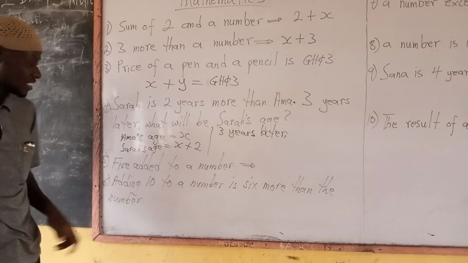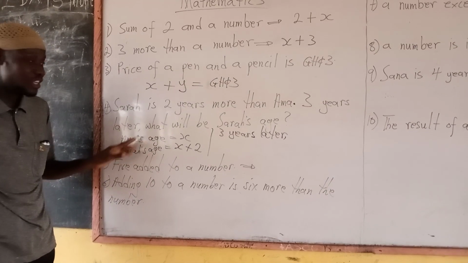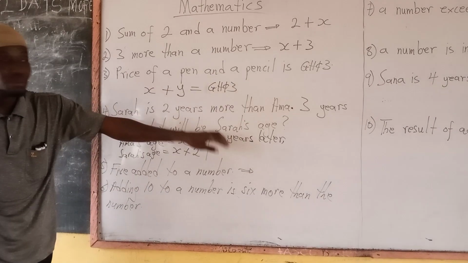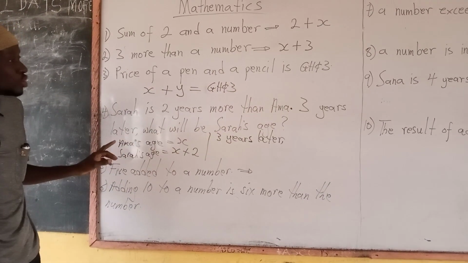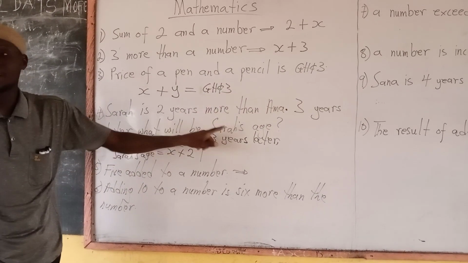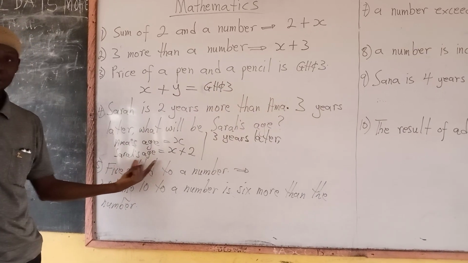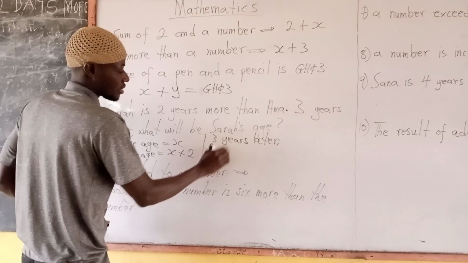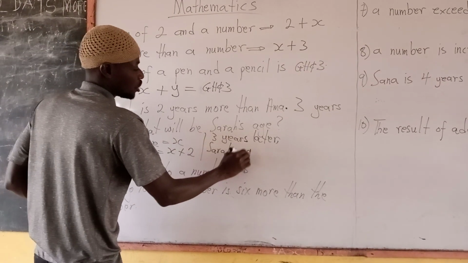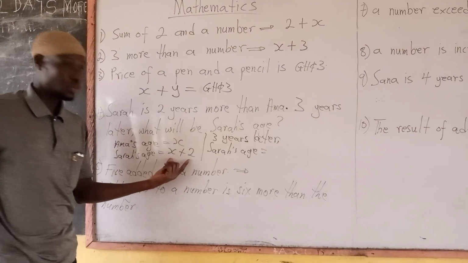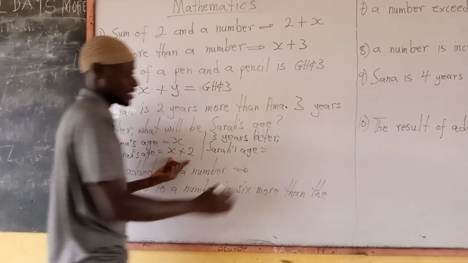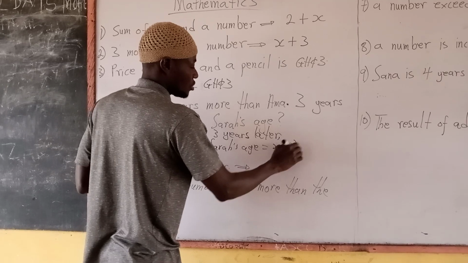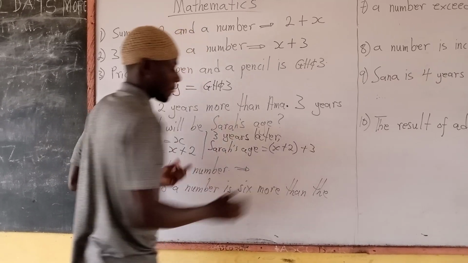What happens is that the age of Amma will increase by 3, and the age of Sarah will also increase by 3. However, we are asked for Sarah's age, so we consider Sarah's age only. 3 years later, Sarah's age will be equal to adding 3 years to her present age, so x plus 2 plus 3.